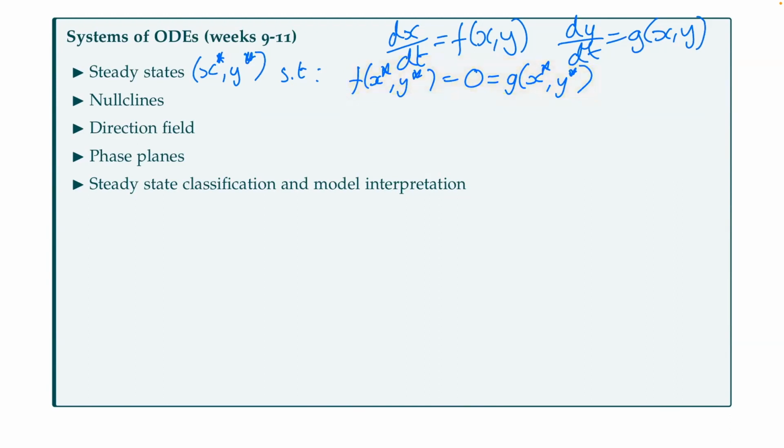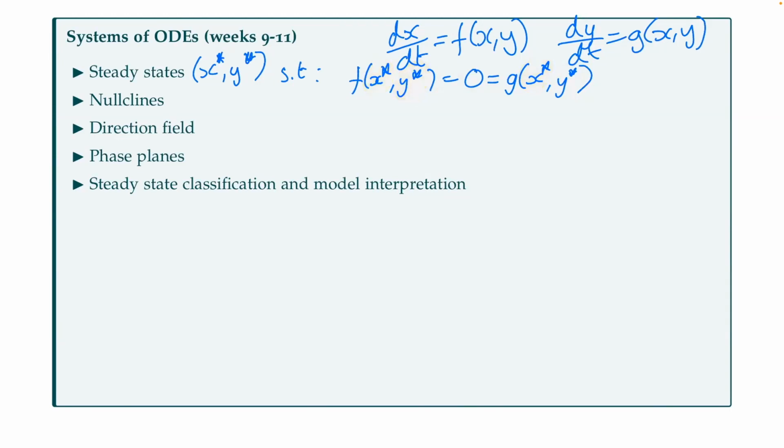If you're not sure if what you found is a steady state, you solve your equations, you come up with some solution. There's an easy check you can do, which is just to plug the values, say it was 1, 1, back into these functions. If they're both not equal to 0, then it's not an equilibrium. Okay, so there is a check that you can do here to make sure that your answer is correct.